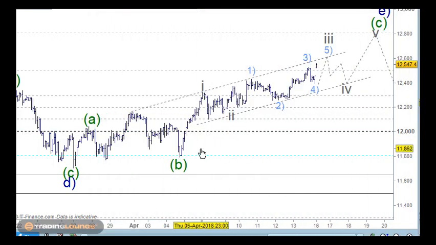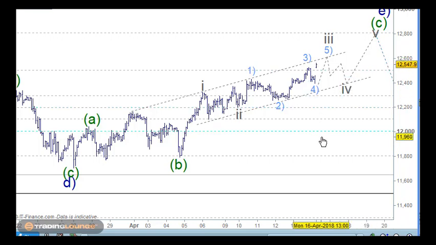So that's what I've done here in terms of wave 1, wave 2, then 1 and 2 here, and then wave 3 here and 4 here, and then we've got this little wave 5 up through here that should come onto this trend line at 12,600 or just above here. We'll drill into that in a moment.